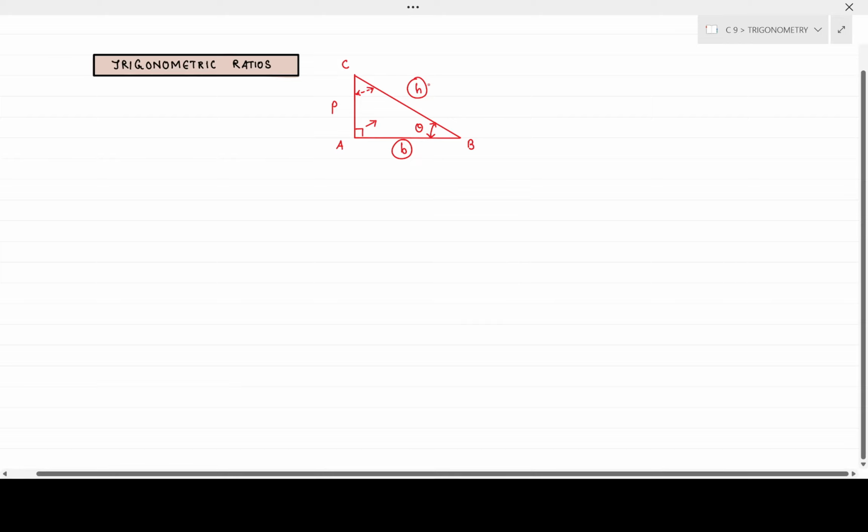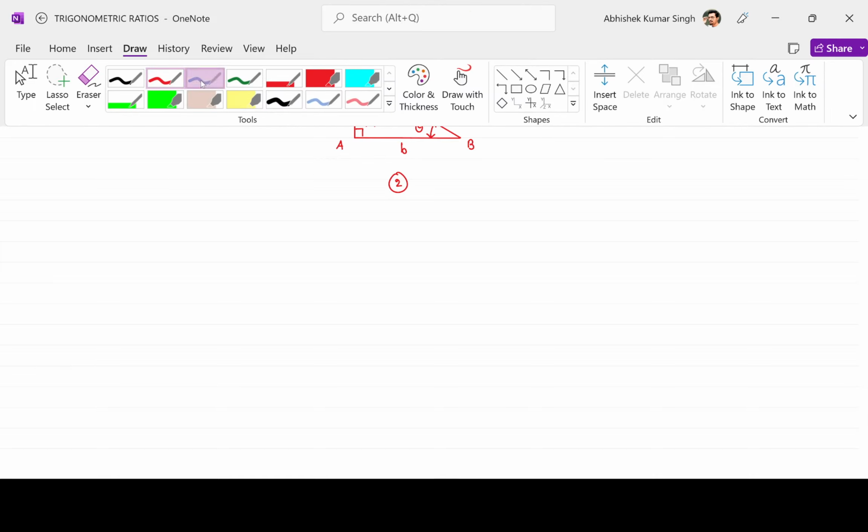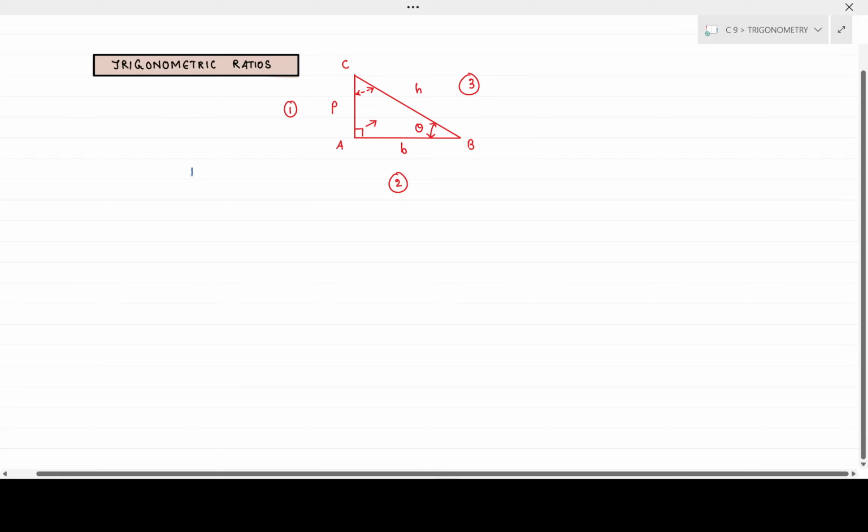Now, there are some ratios. We will consider the counting in this order: 1, 2, 3. First 1:3, then 2:3, then 1 and 2.